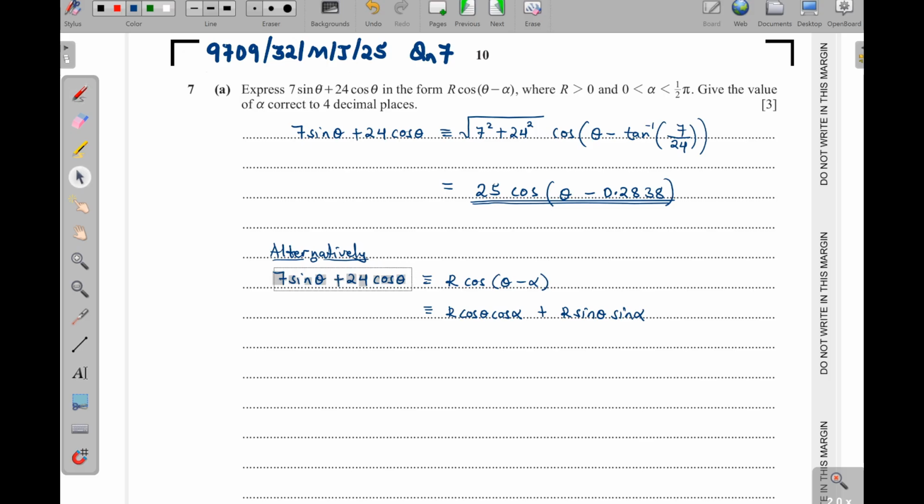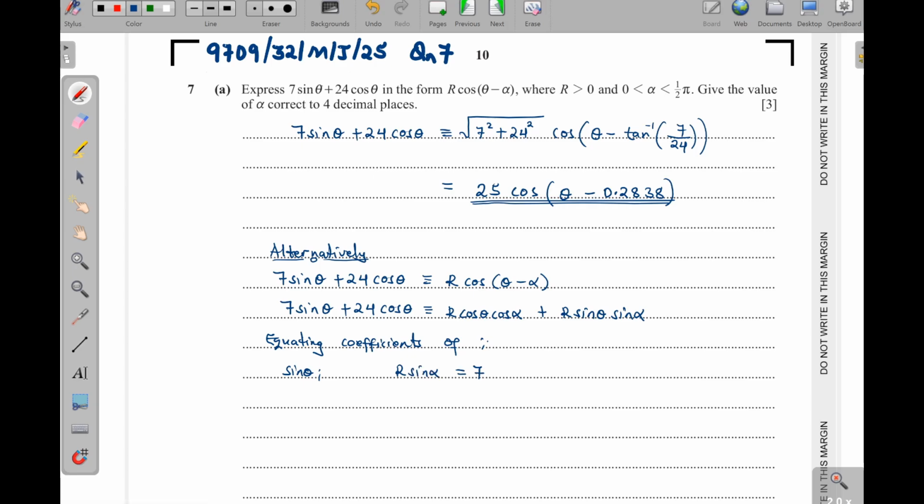And then from here, we now equate the coefficients. First, of sine theta: here we are seeing a 7, and pulling out the sine theta, you'll get r sine alpha, which is equal to 7.